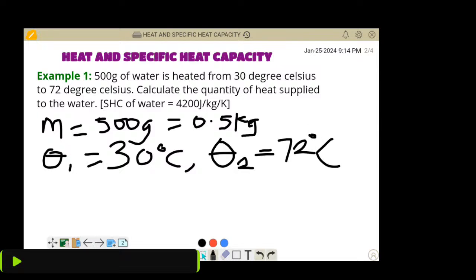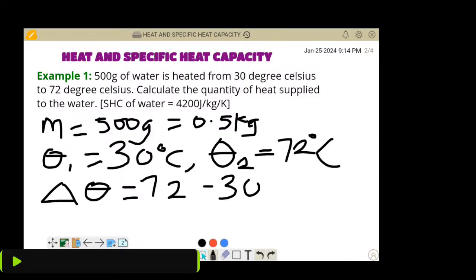And with this we can determine our change in temperature. Our change in temperature is from 30 to 72, and that will be 72 minus 30, and that will give us 42 degrees Celsius. That's the first step taken there. And according to the question, we have the specific heat capacity of water.